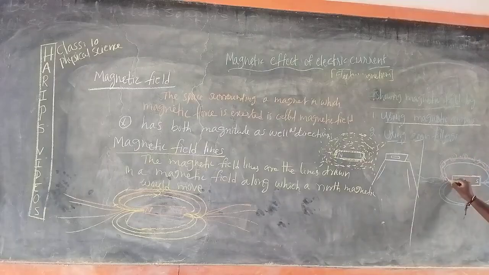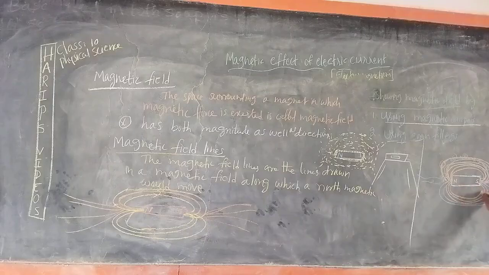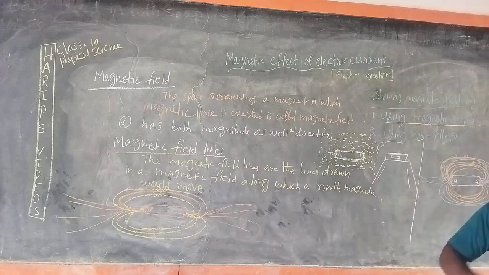So this is one of the magnetic field lines. This is another magnetic field line, and another, and another. Similarly, these are all magnetic field lines.